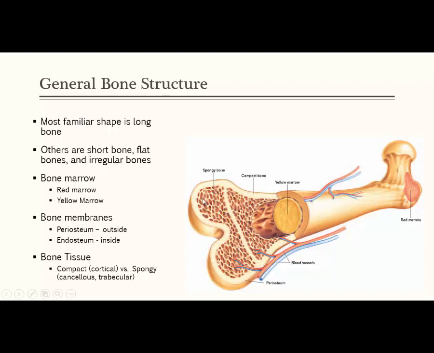There is a kind of bone that is trabecular or spongy, which we call spongy bone or cancellous bone or trabecular bone, and which contains these little cavities that contain red marrow and are continuous with blood vessels.